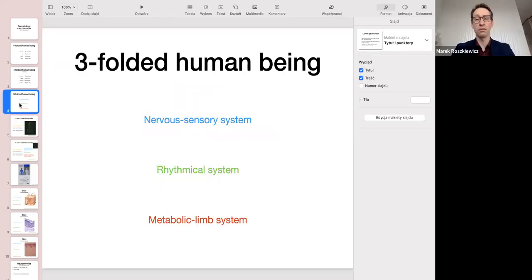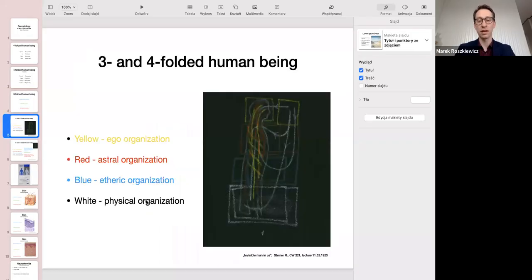Thank you. So we have in our memory the four-folded human being, and now there are those three systems, which is quite unique for anthroposophy that was developed: the nervous sensory system, the rhythmical system, and the metabolic limb system. What I would suggest for you before the next meeting is to see a lecture called Invisible Man in Us.